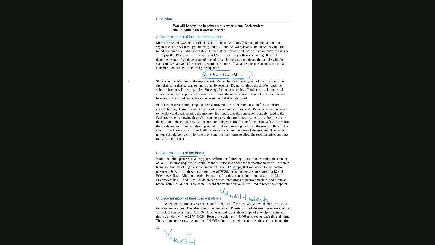So this is part C. Once you have heated it and reached equilibrium, you are going to do a titration, but the volume that you are going to use in the equation that I showed you is going to be the volume of the equilibrium that you got in part C minus the volume of the blank that you got in part B. Any questions so far?